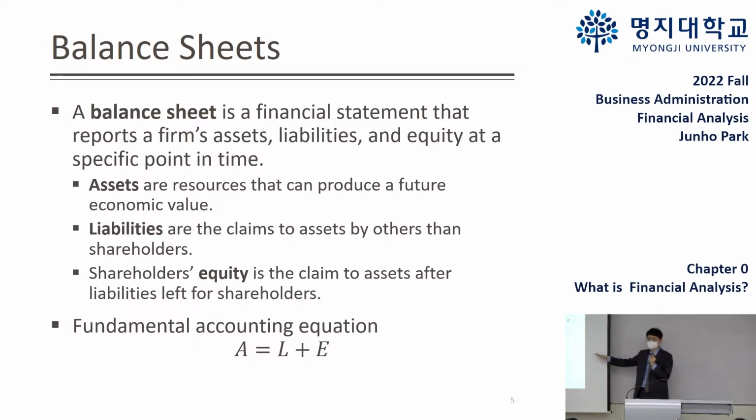However, this is not true for this relationship, so it is better to call it an identity, which is always true. Okay, so that's the minor opinion I have. Do not tell it to accounting professors. I'm different from them.